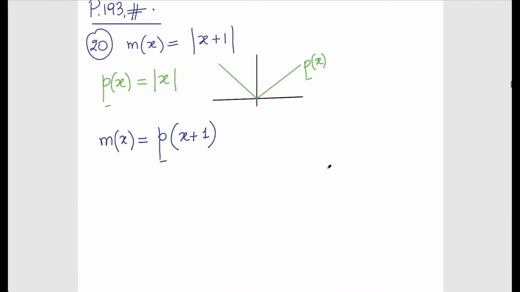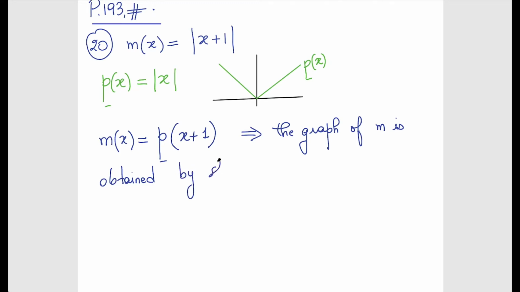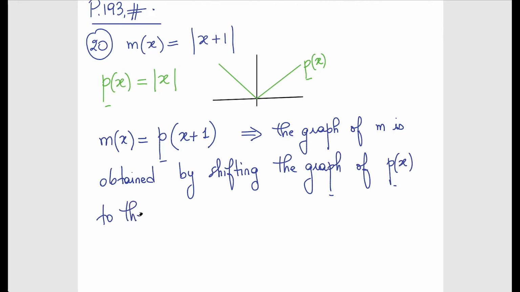This algebraic relationship allows me to conclude that the graph of m is obtained by shifting the graph of the parent function p of x to the left a distance of 1 unit.